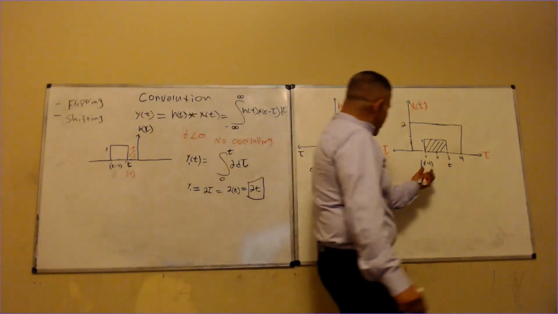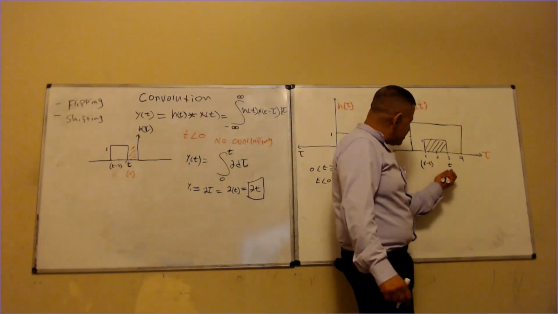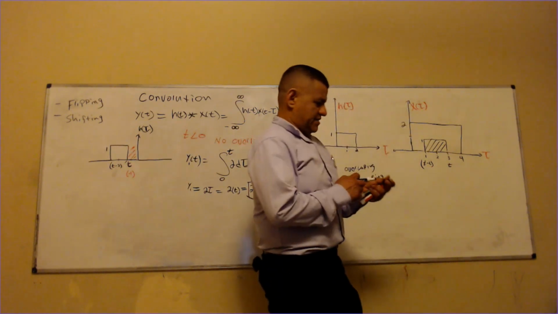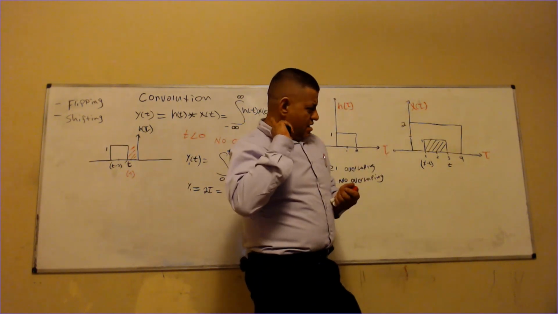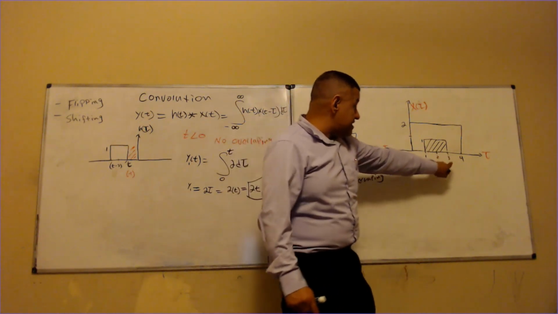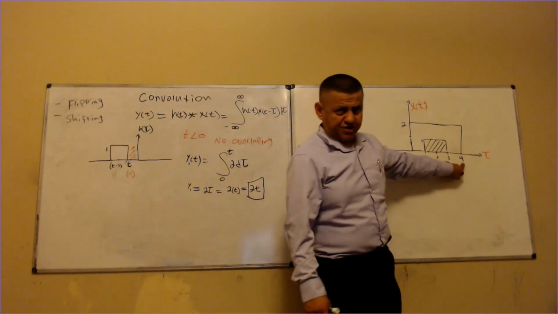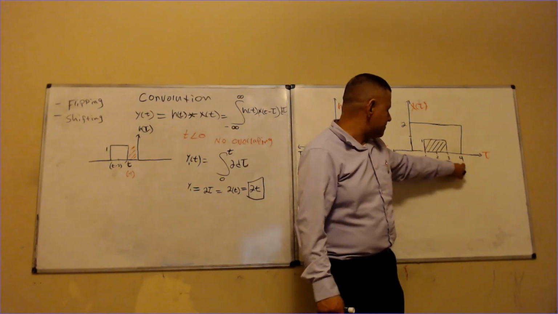Now the integral is going to be from t. This t will end at another point. This t will stop until I get to the last point of the region, which is 4.